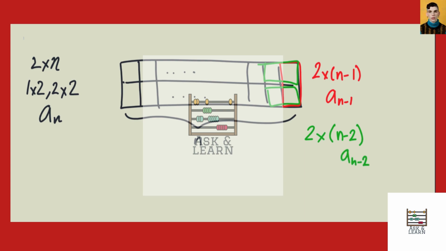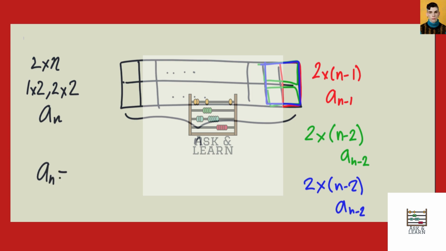And then the third thing we could do is use our 2 by 2 tile here. And again, we get a 2 by n minus 2 checkerboard remaining, which can be tiled a_(n-2) ways.